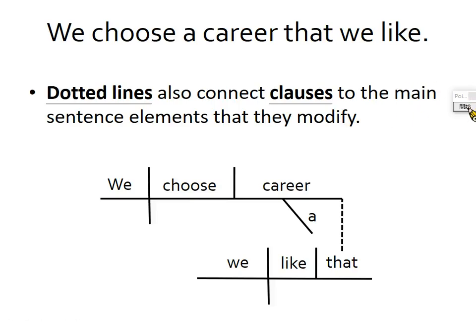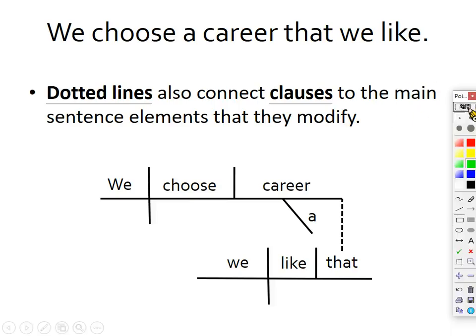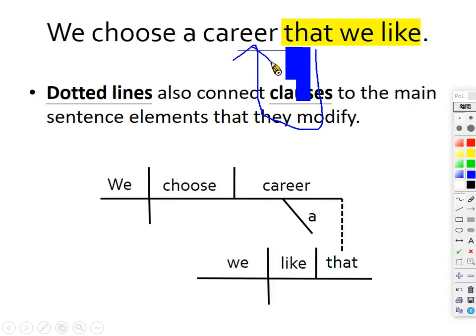And now we have an adjective clause here. We choose a career that we like. So you see here, "that we like" is used to modify career, is that right? So we use this. This is used to modify career.